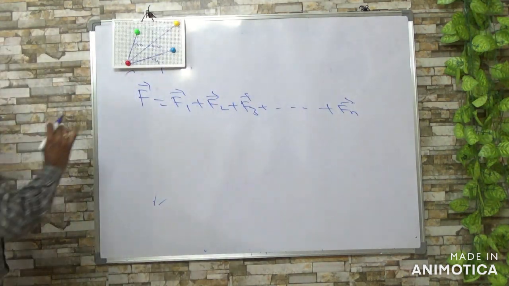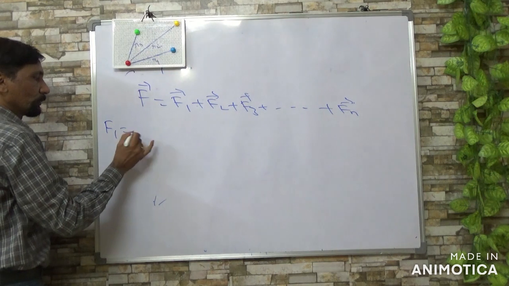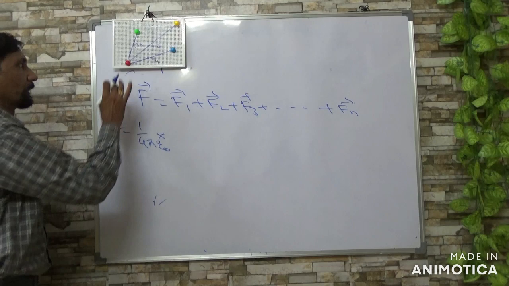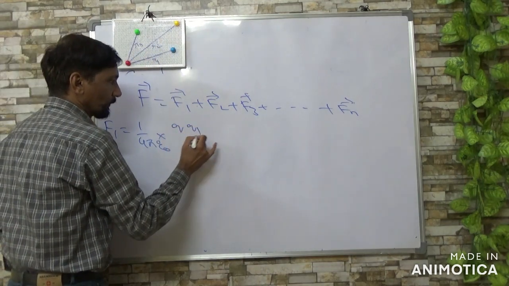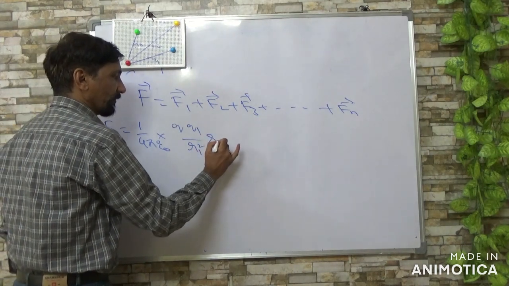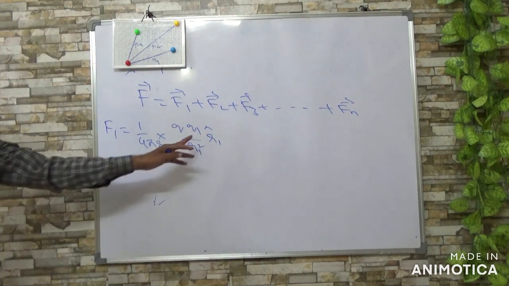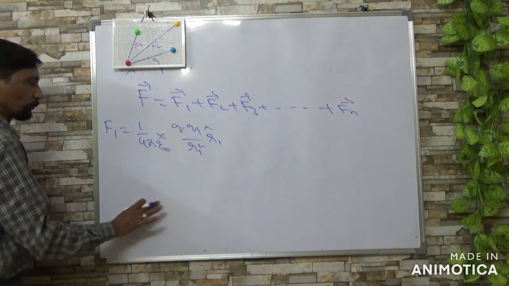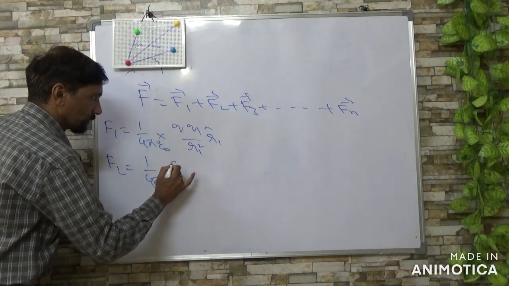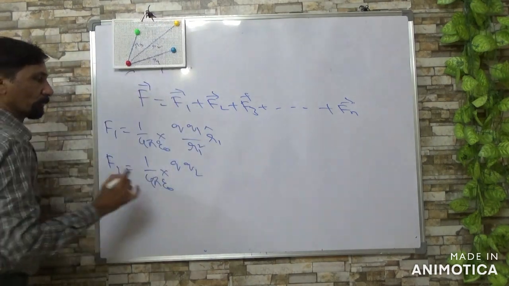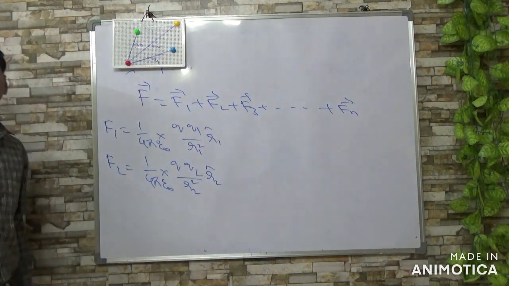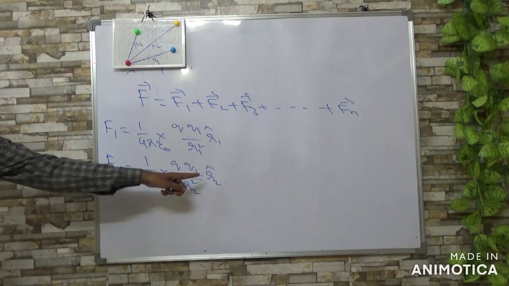The force between these two, according to Coulomb's law, is 1 by 4 pi epsilon naught, q1 by r1 square, in vector form with a unit vector r1 cap. Then F2 is 1 by 4 pi epsilon naught, q2 by r2 square, in the r2 unit vector direction.